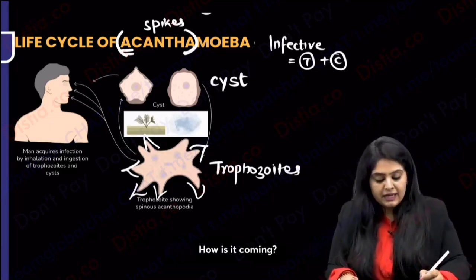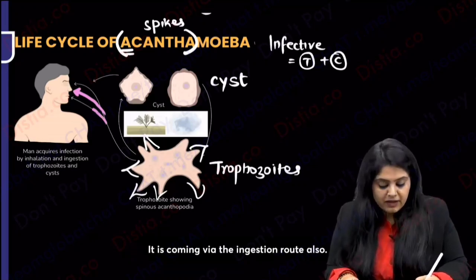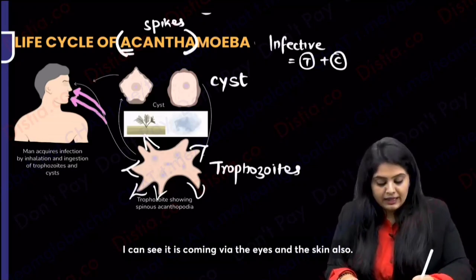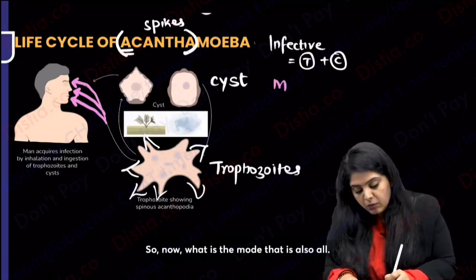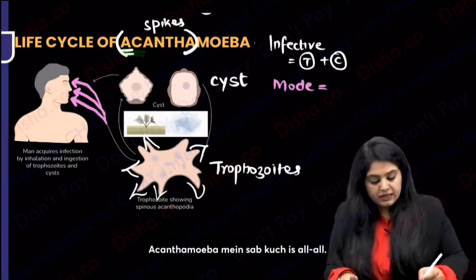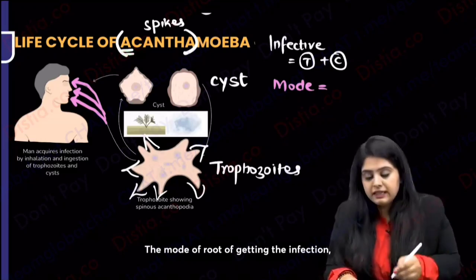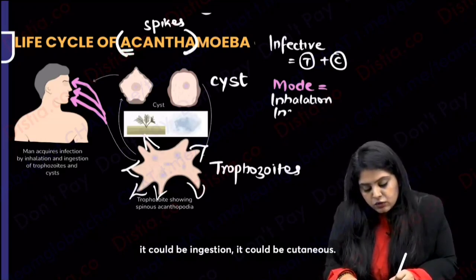How is it coming? I can see it is coming via the inhalation route also. It is coming via the ingestion route also. I can see it is coming via the eyes and the skin also. So now what is the mode? That is also all. So acanthamoeba mein sab kuch is all. The mode of route of getting the infection, it could be anything, all. It could be inhalation, it could be ingestion, it could be cutaneous.